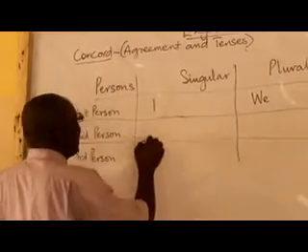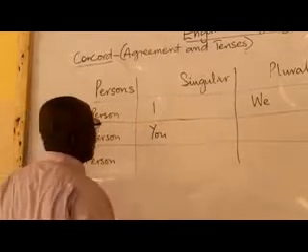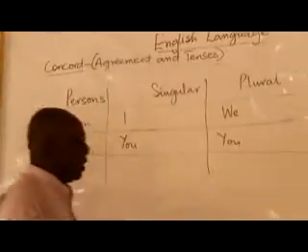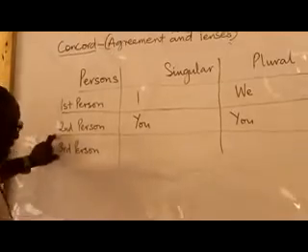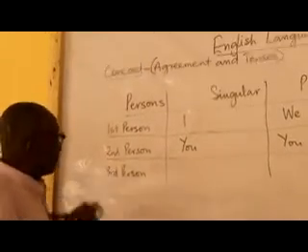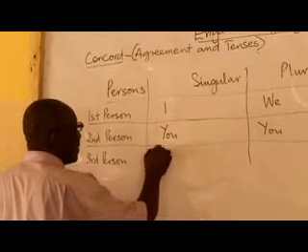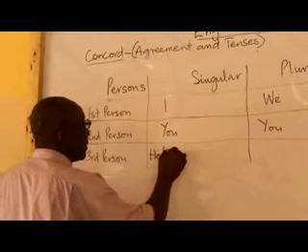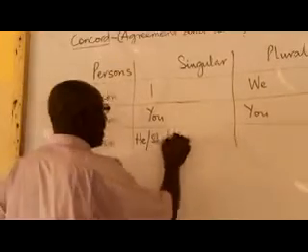So the second person is the person you are talking to. So when I say I am talking to, it is you. And then the third person here is where you will pay serious attention. People have their problems. The third person is he, she, it, and any proper noun.